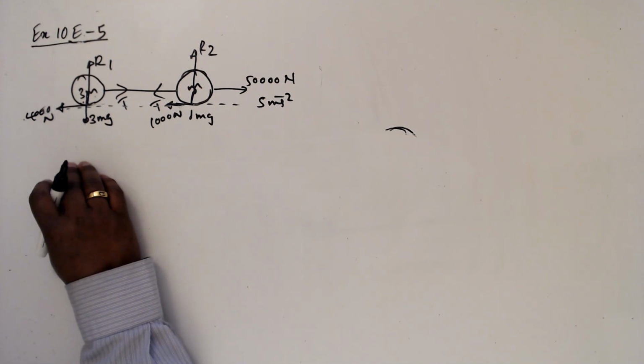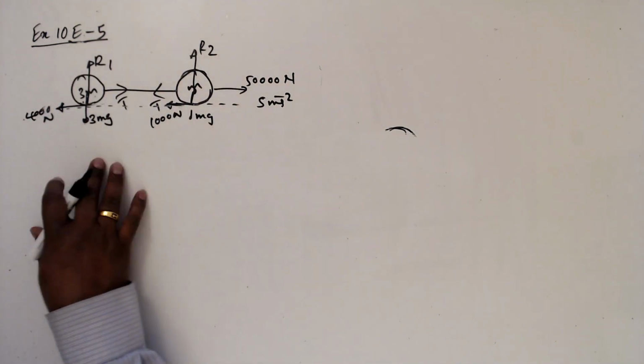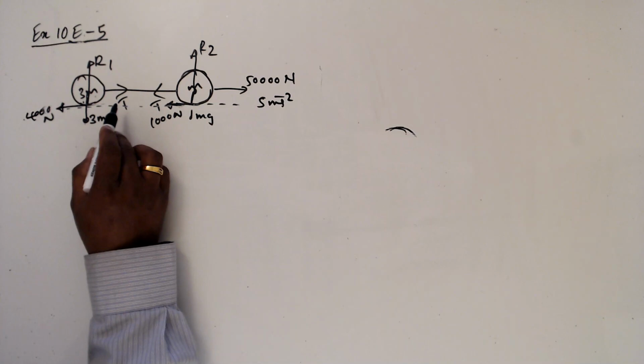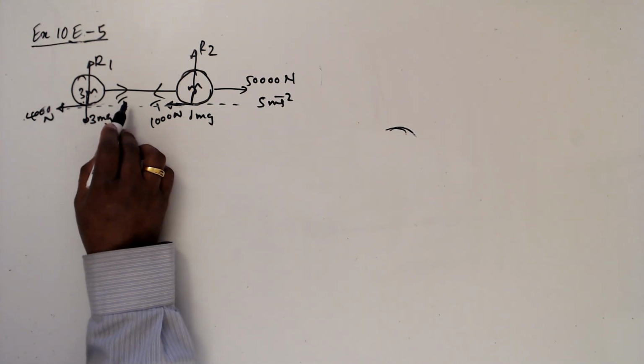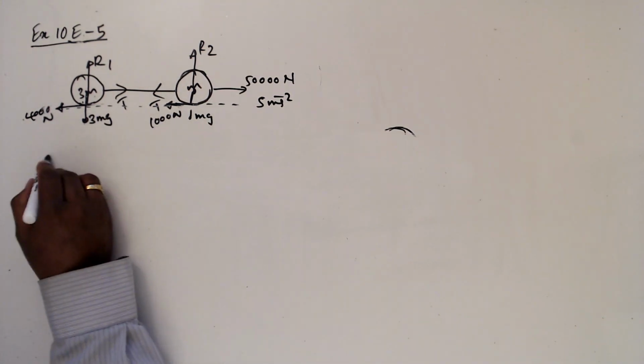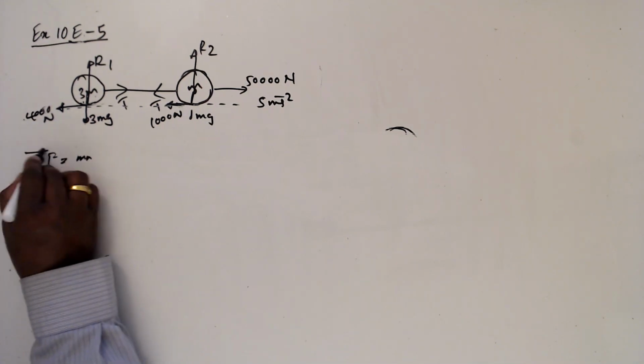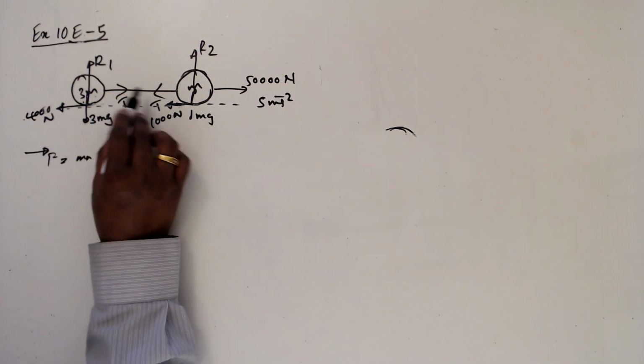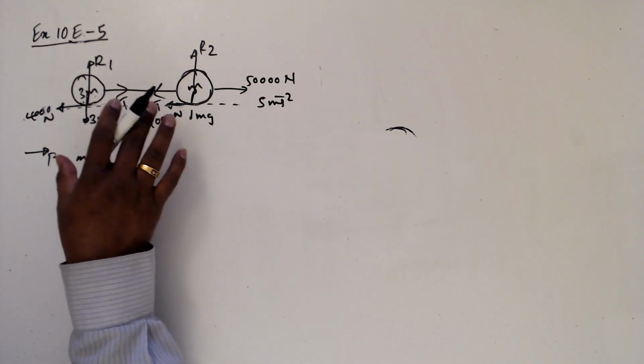So the best thing is when we consider the whole setup, and if we put F equals ma upward to here, then this T cancels out because we are considering the whole setup.